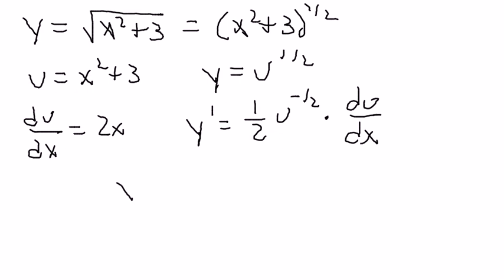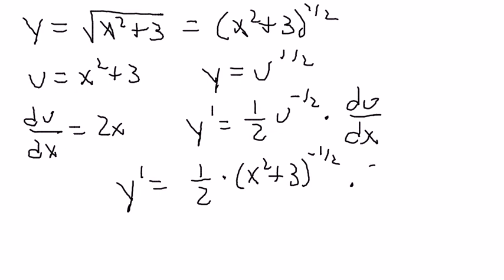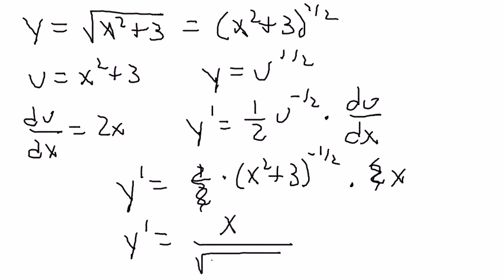So y prime is going to be 1/2 times x squared plus 3 to the negative 1/2, which I'll put in the denominator in just a moment, times 2x. Simplifying it, this 1/2 will cancel with that 2, and ultimately your derivative should look like this. It should be x over the square root of x squared plus 3.